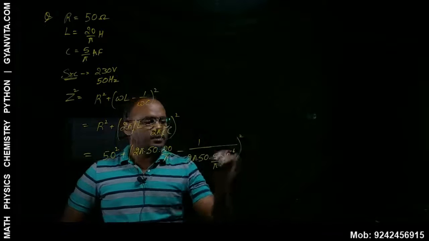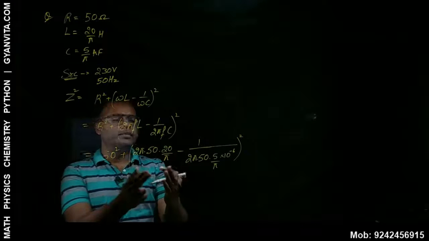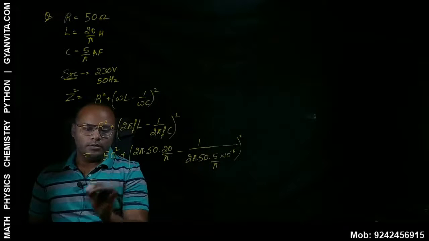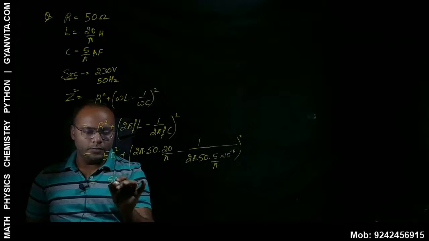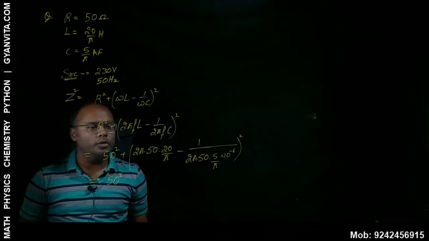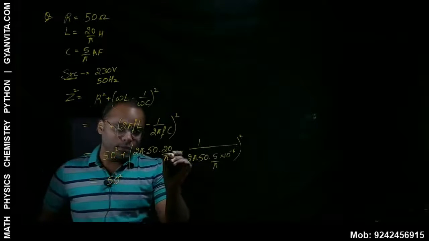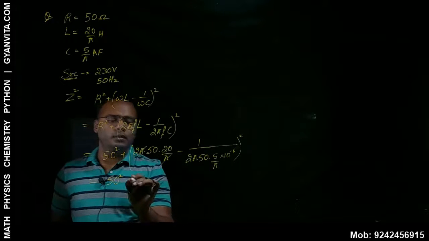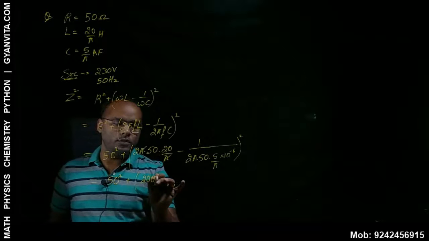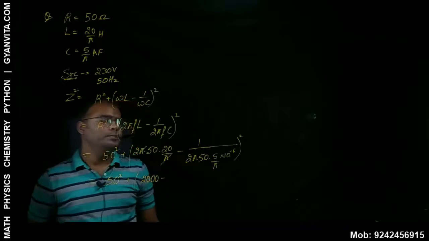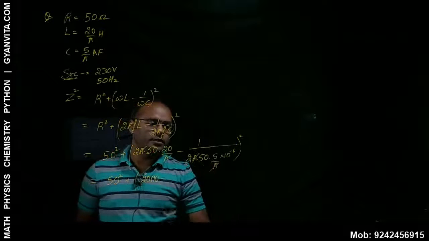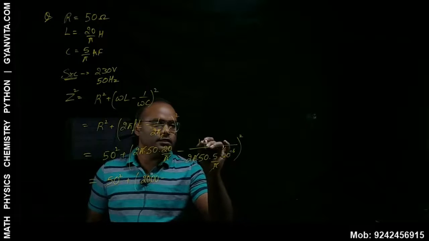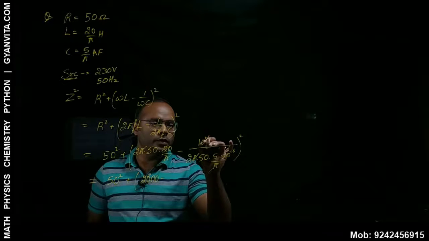This is your XL minus XC whole square, and we have to simplify this. This is 50 square. The pi gets cancelled, so this is 5 into 4, 20, so XL is 2000. Minus, here also pi gets cancelled. This is 10 to the power minus 6, so if I cancel this, it will come up as 10 to the power plus 6.